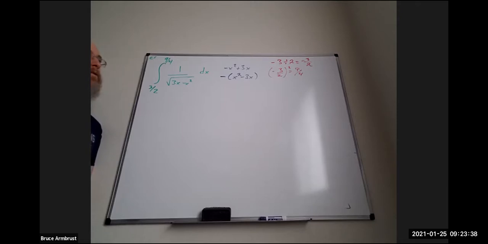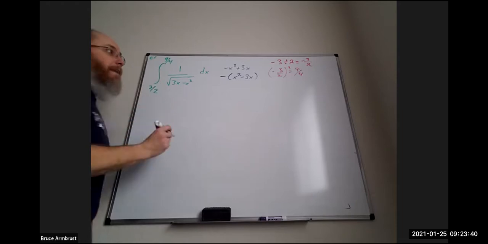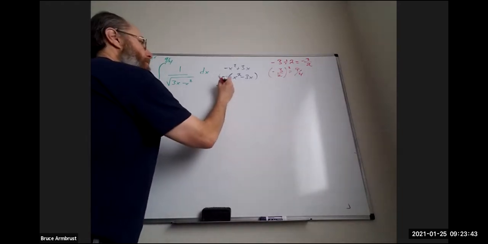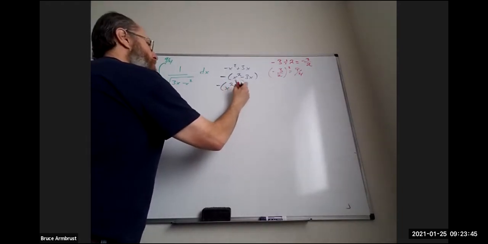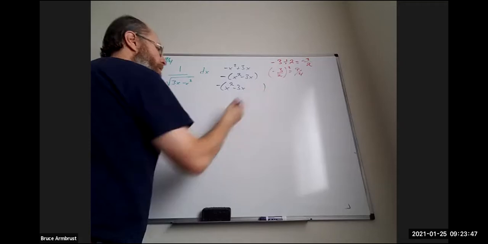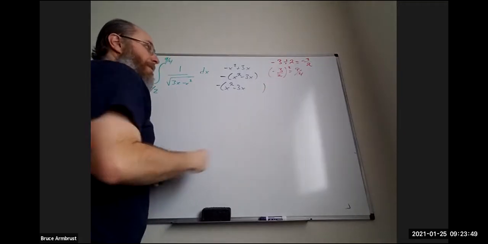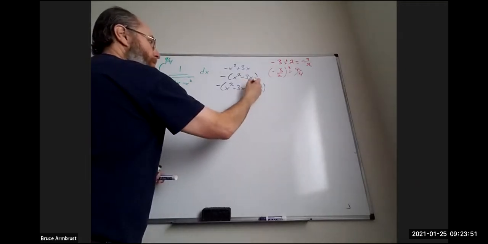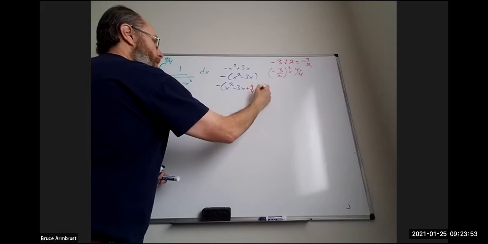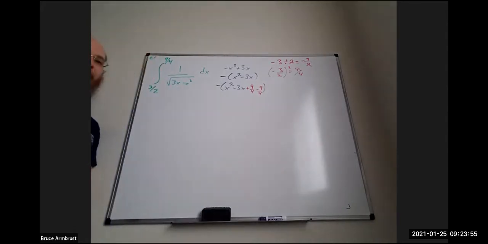All right, so there's my completing the square. So let's add and subtract that 9/4. But again, we need to make sure that we do that together in the parentheses. So we're going to put plus 9/4 and minus 9/4. So I really added nothing.